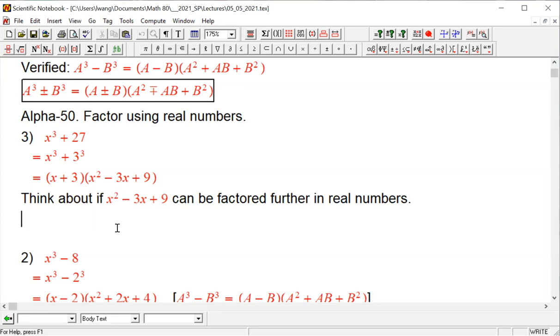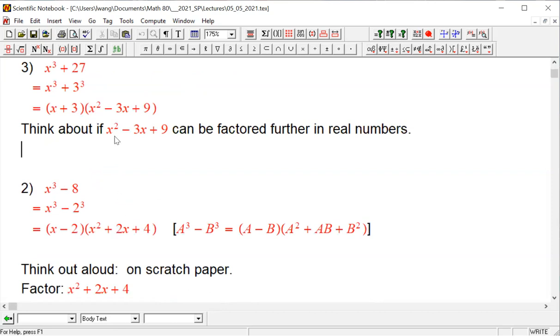Okay, so I want you guys to check b squared minus 4ac for this guy. So what is b squared minus 4ac here? The discriminant. What do we get?